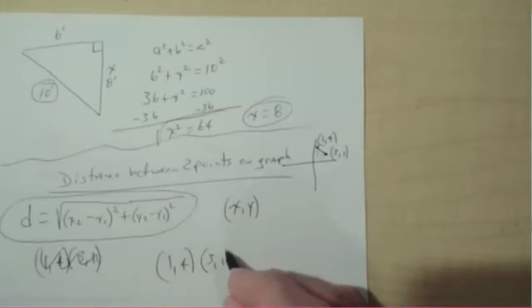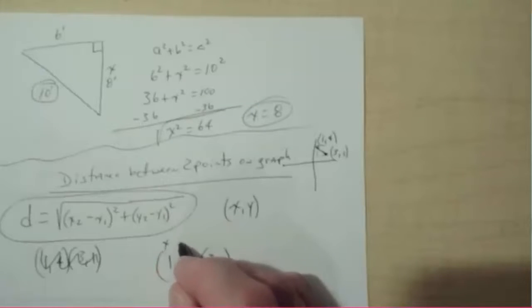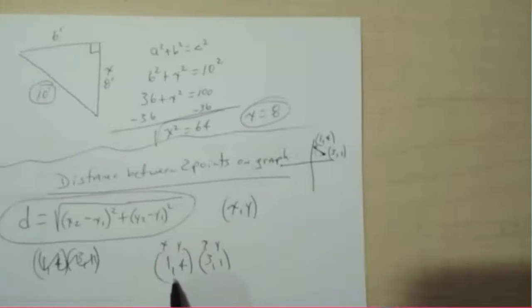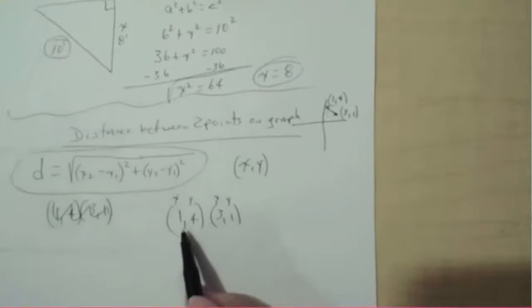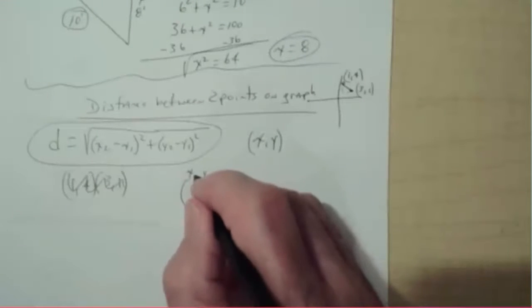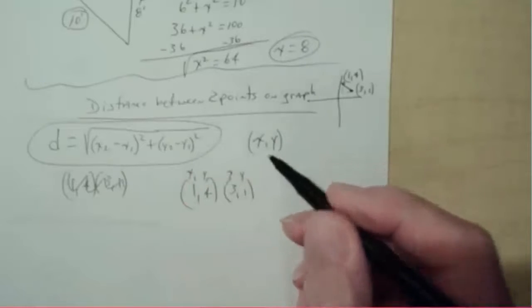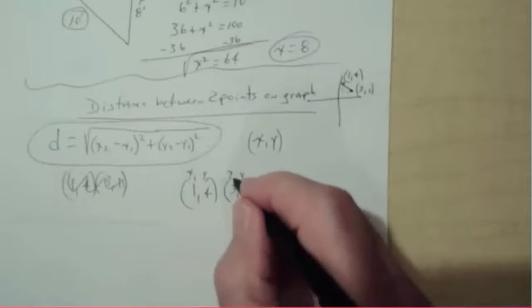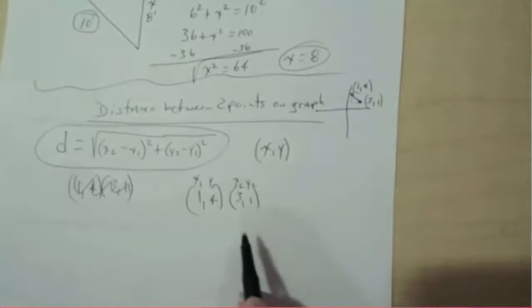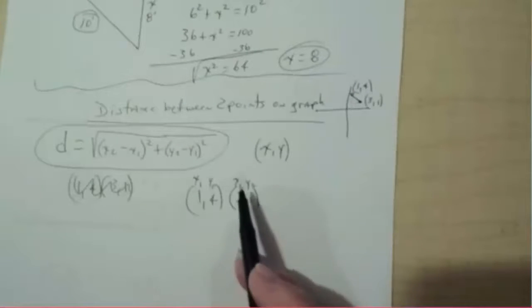Now remember, this is the x and this is the y. This is the first coordinate, but again, it doesn't make any difference. It can be the second coordinate. So we're going to call this one x1 and y1. This is the second coordinate, so we're going to call it x2 and y2. But this can be x1, y1, that can be x2, y2. It doesn't make any difference.